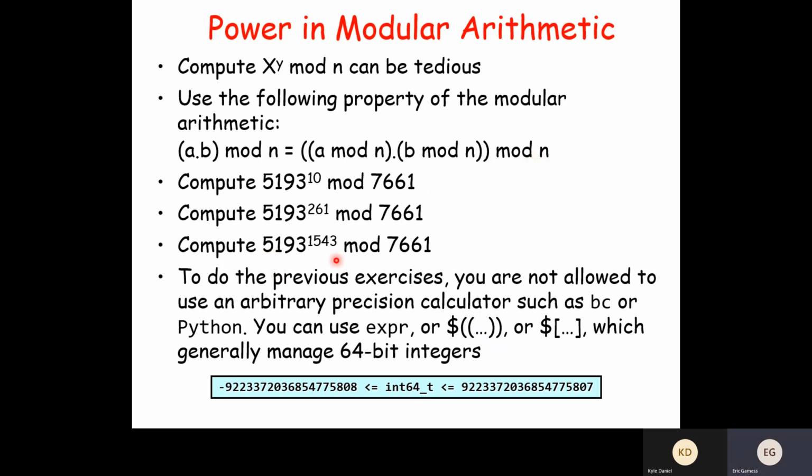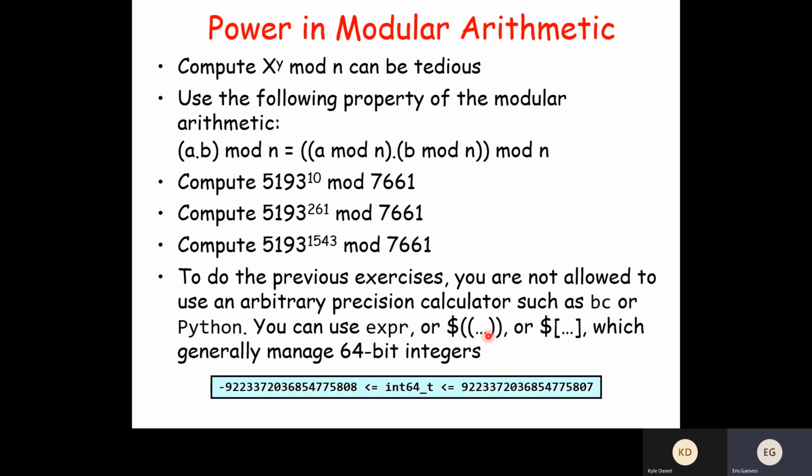So they ask you, for example, to compute that number. Of course, we can put it in Python, and Python will tell us without a problem. But we'll look at what they say. To do the previous exercises, these 3 exercises, you are not allowed to use an arbitrary precision calculator, such as BC or Python. So we cannot use BC, we cannot use Python. But you can use, for example, EXPR, which is much more limited because it works with integers up to 64 bits.